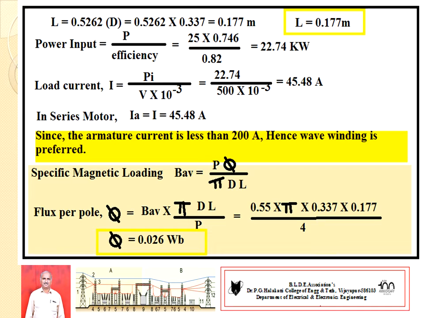Therefore, specific magnetic loading B average equal to P phi divided by pi DL. Hence, from the above expression, it is possible to calculate flux per pole phi equal to B average into pi DL by P. Substitute all the values, then directly we are going to get 0.026 Webers.